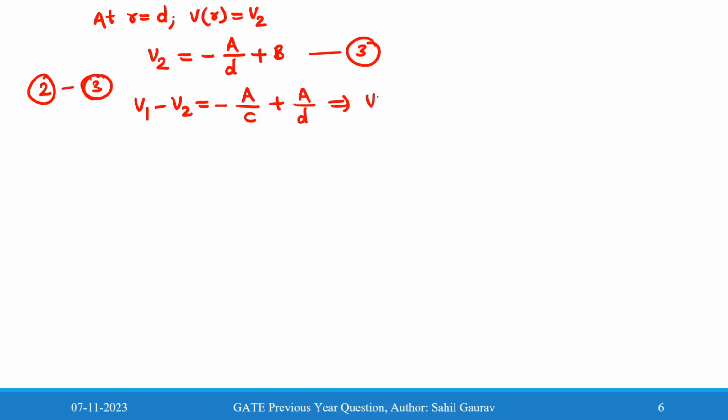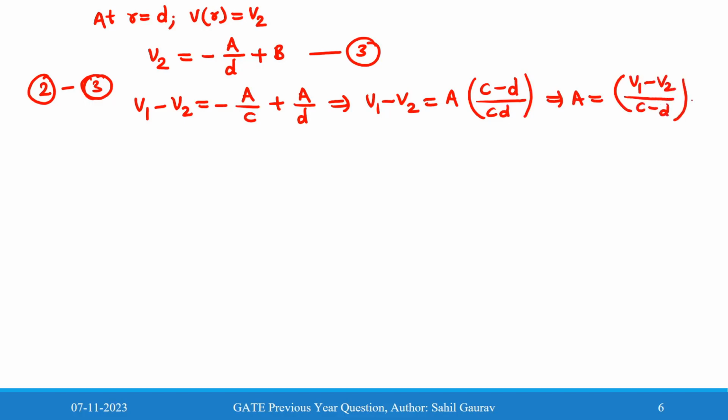So again we write V1 minus V2 is equal to A times (c minus d) divided by cd.